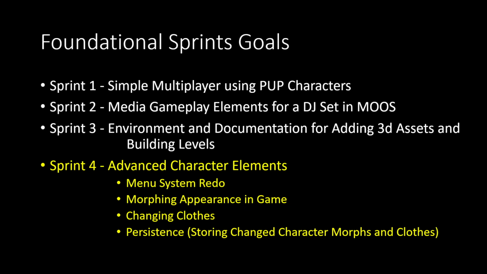The character system, again, remind you, we're in Sprint 4, and we finished basically a basic game, a multiplayer game established through Steam. We tested some media options, and we also tested and restructured our project to be more friendly for multiple users working on it together as an open source project.